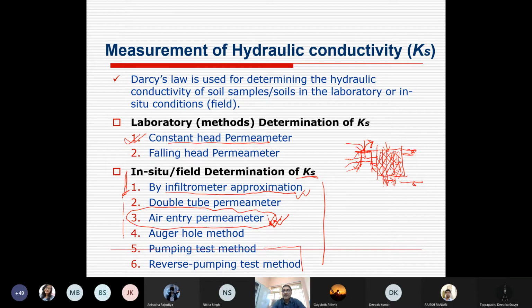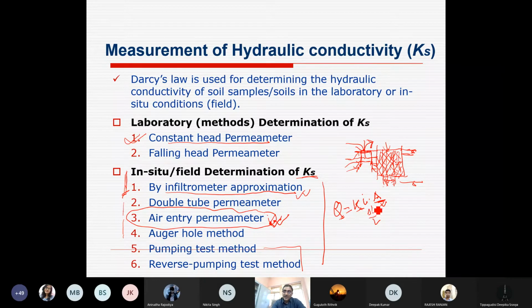Discharge per unit time is simply equal to KIA. From a sample of certain cross-section area, discharge per unit time is the product of hydraulic conductivity K, hydraulic gradient I, that is delta H by L, and A, the area of the sample or the soil we have considered.